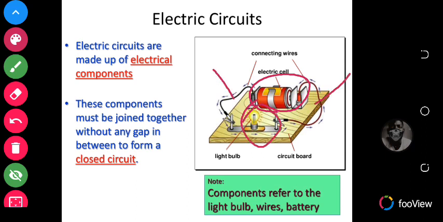The light bulb and the board is the circuit board, and the connecting wires are also here. Those are the components, the things necessary for you to make an electric circuit.